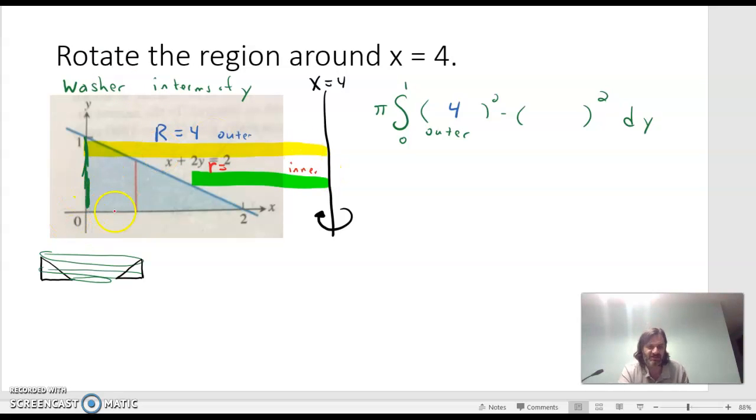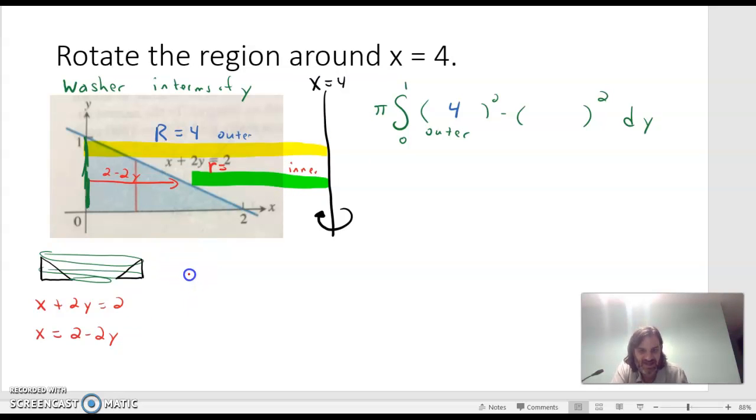But let's see. We can get this in terms of y. We can take x plus 2y equals 2 and get x by itself, so it's in terms of y. So that would be x equals 2 minus 2y. But that is out to this point, from the y-axis out to our line is 2 minus 2y. And we're going around x equals 4, so we're looking at the other side of that.